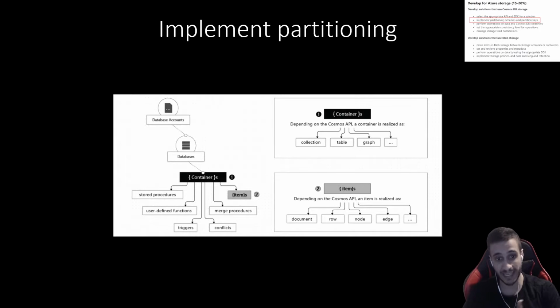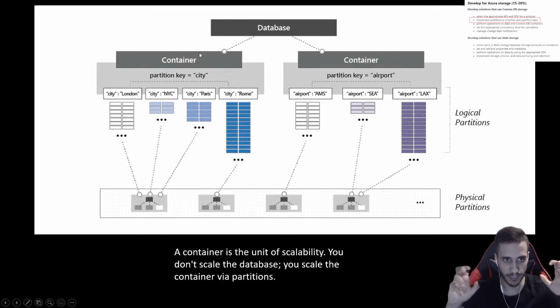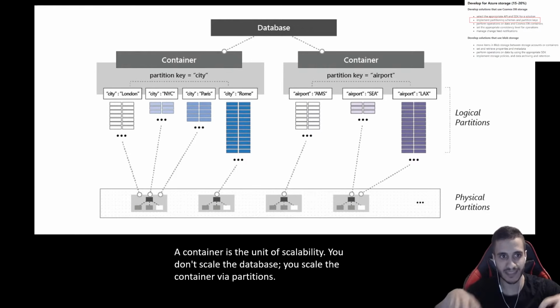So with that being said, if I want to move on to the next part, as you can see here, the database is split into containers, which are like tables. And those containers are actually logically placed across different partitions that you define by a partitioning key. So for example, in this case, we have different key value data or different items stored under a partition key known as city.